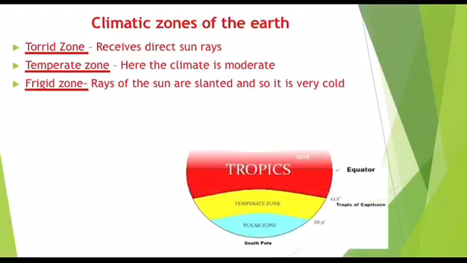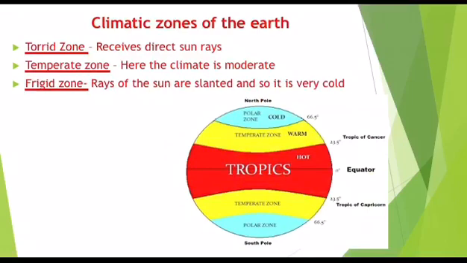You can see in the picture, students, Torrid Zone is the red color area which extends both in the northern and the southern hemisphere, right? Here the sun rays are vertical and that is why the temperature is very high over here.